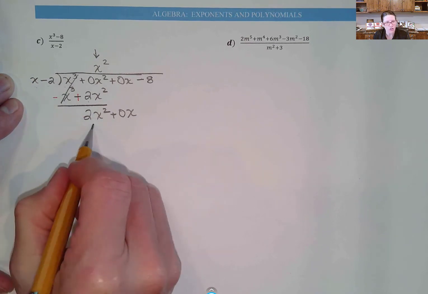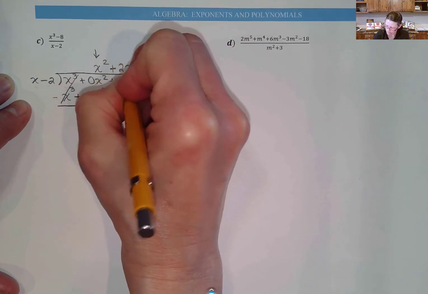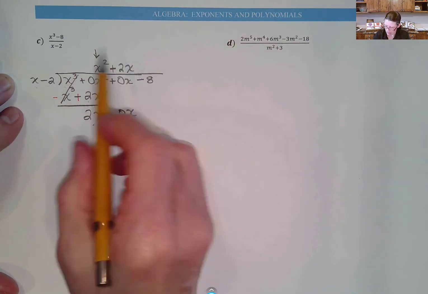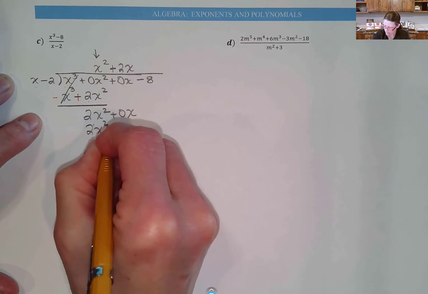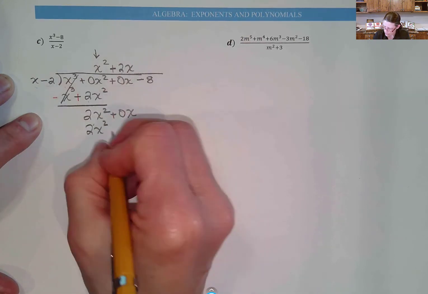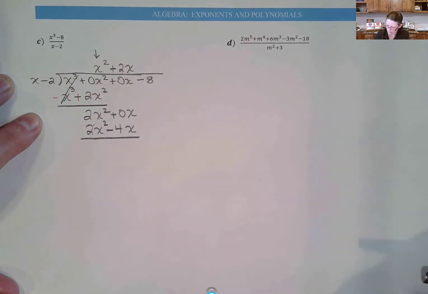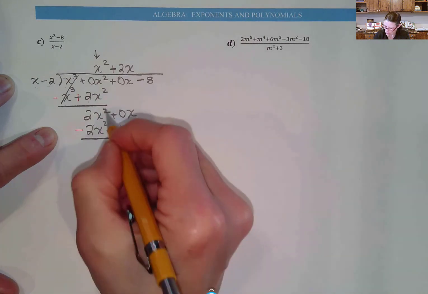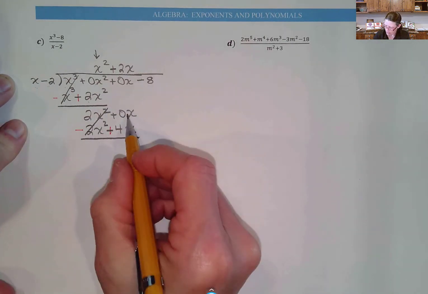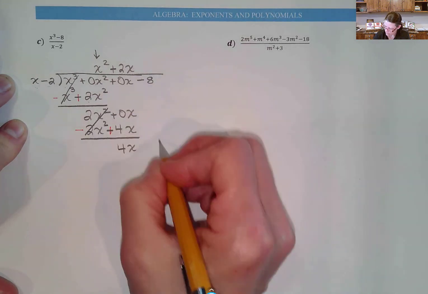X divides into 2x squared, 2x times. Multiply back. 2x times x is 2x squared. 2x times negative 2 is minus 4x. Subtract. 2x squareds cancel. 0 plus 4 is 4. That's 4x. And drop your minus 8.